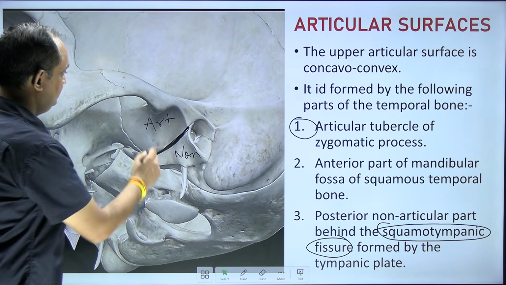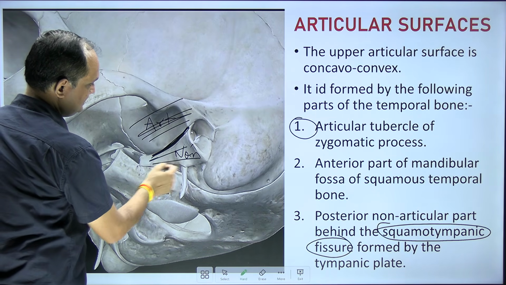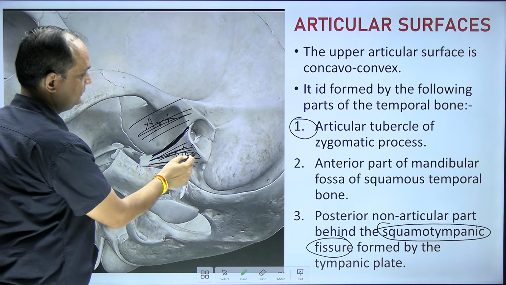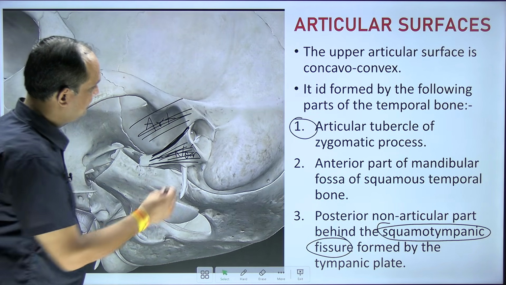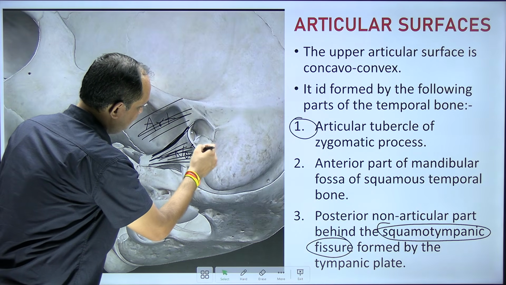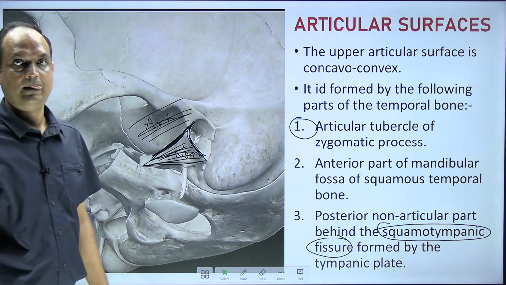Squamotympanic fissure. This is the squamous part of the temporal bone and this is the tympanic plate of the temporal bone. As you know, this tympanic plate forms the anterior part of the external acoustic meatus, which is a triangular plate. Clear?